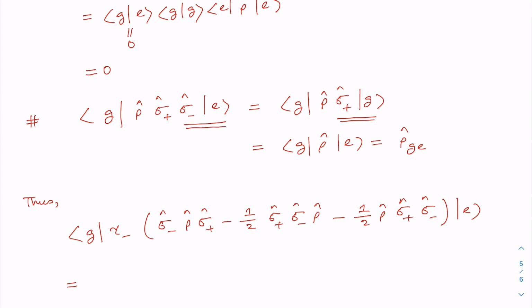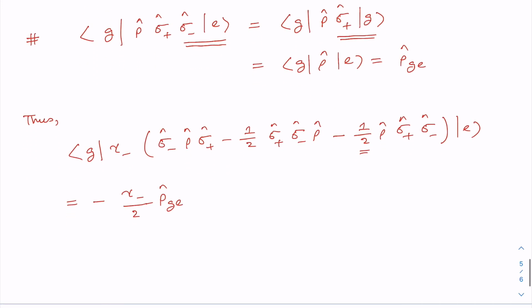Yeah, you will have only this, so because of this half term, you will have minus gamma minus by 2 rho ze. Okay, so this is what you will get.